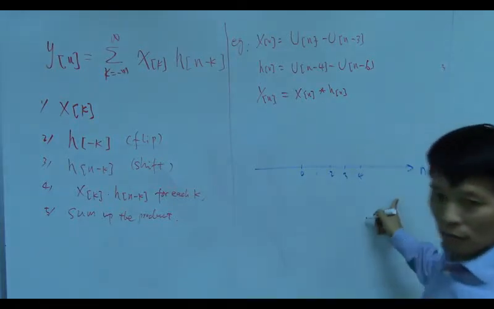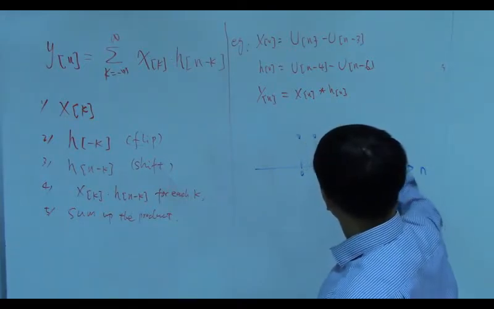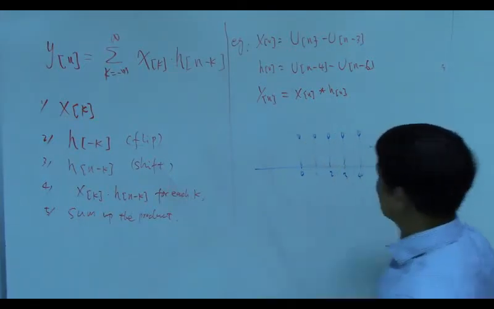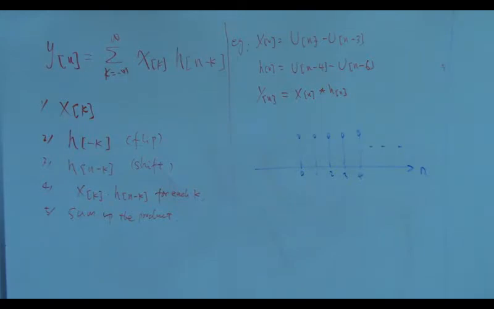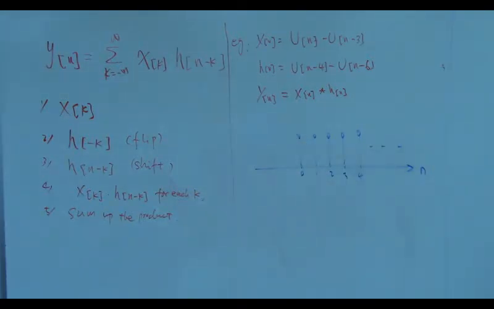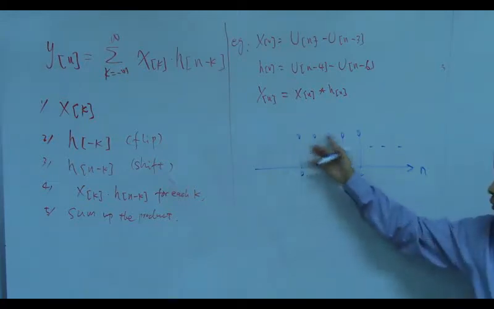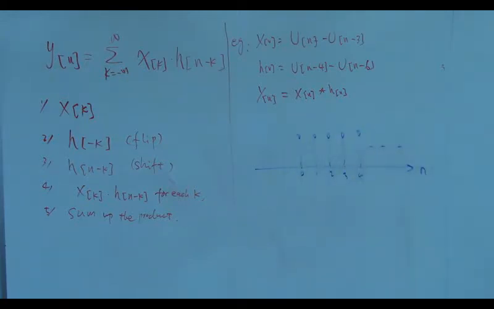This is n. That is u[n]. This amplitude equals 1. So when n is greater than or equal to 0, the value equals 1. That is u[n].